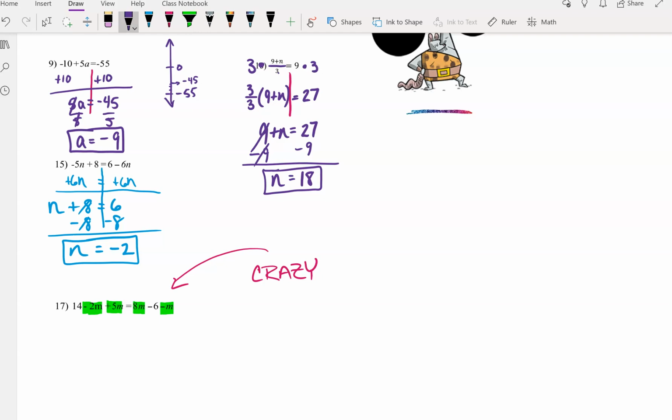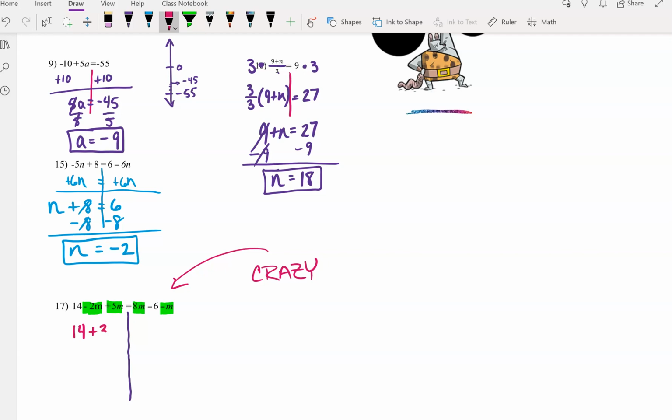So sometimes if I'm combining like terms, I will color code those terms that are going to be combined on either side of our equation. So now we can sort of get after this. The 14 is an integer by itself on this side of the equation. -2 plus 5.